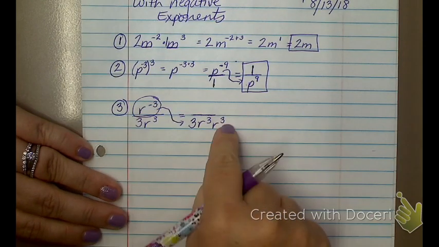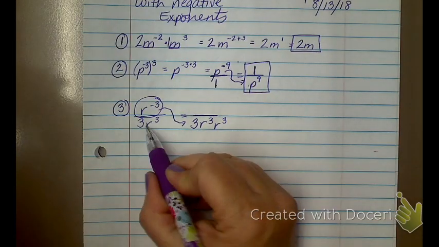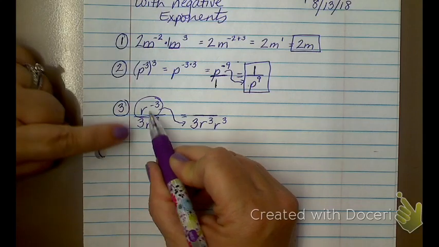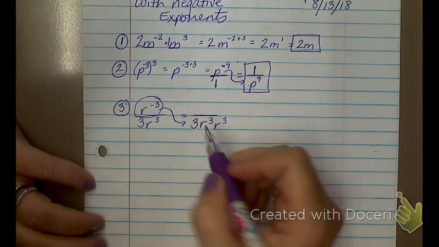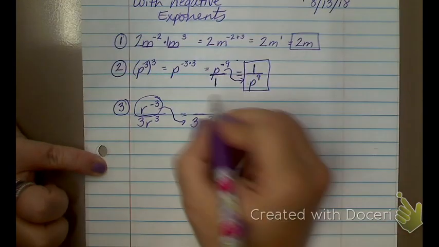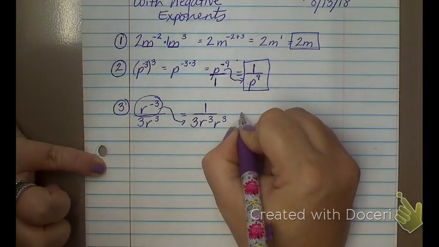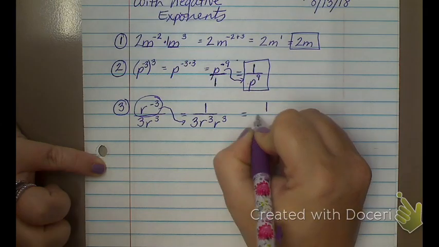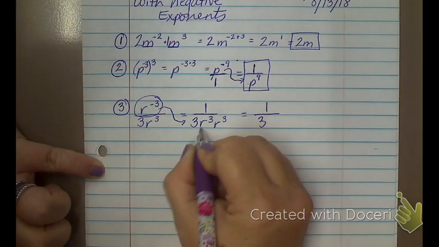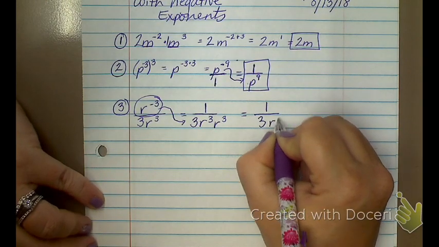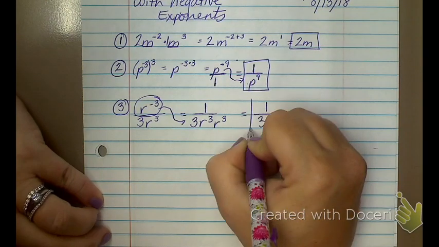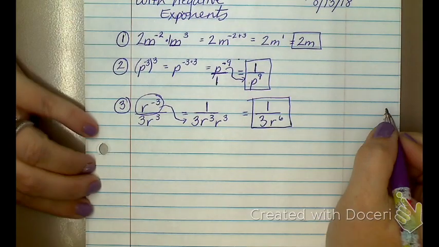That exponent becomes positive down there. So instead of just having the 1 r to the third, I now have another r to the third because that guy had to move down. So nothing's left on top. What do I put? I put a 1. So let's see. Can we simplify that bottom any further? Well, r to the third times r to the third. I have 2 bases, and my rule with 2 bases is I am going to add those exponents. So that's what my answer looks like there.